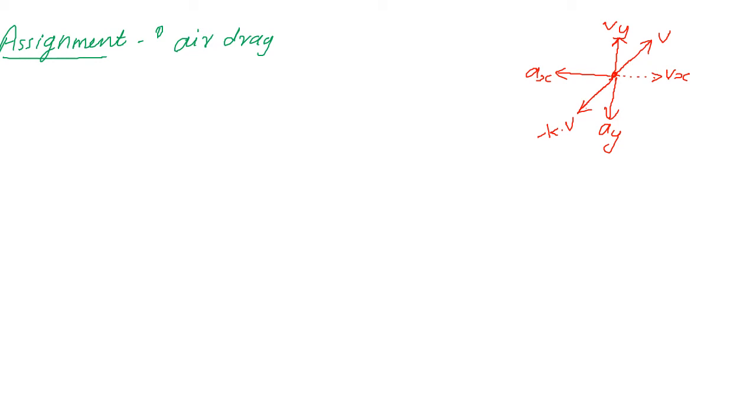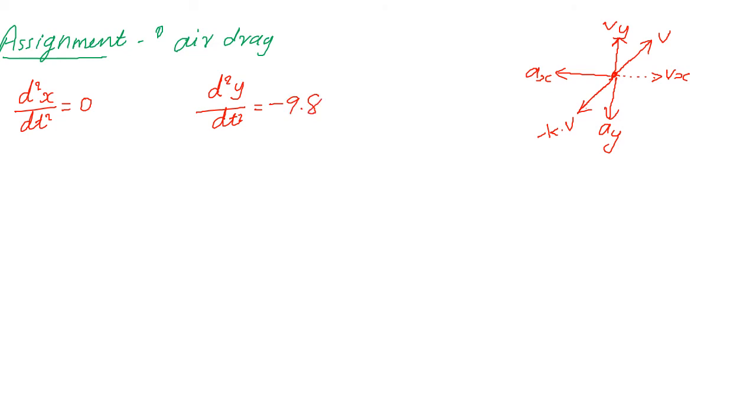Before, the first equation was like this: d square x by dt square, that is acceleration in the x direction, was 0, and acceleration in the y direction, that is d square y by dt square, is only minus 9.8, acceleration due to gravity.